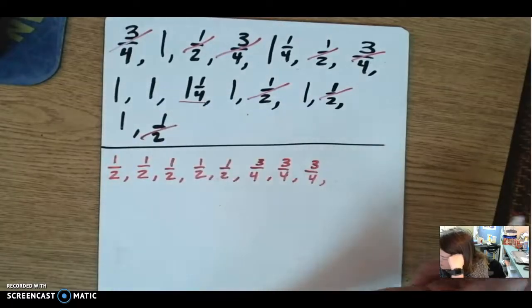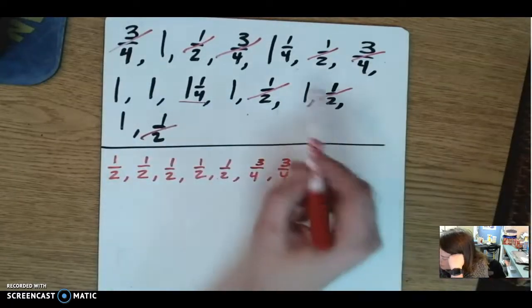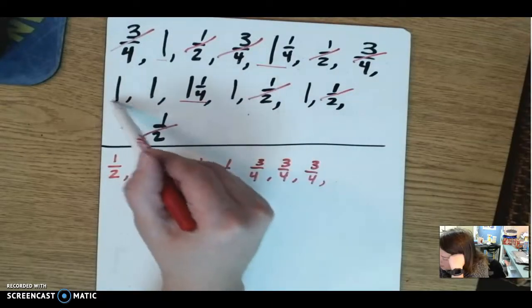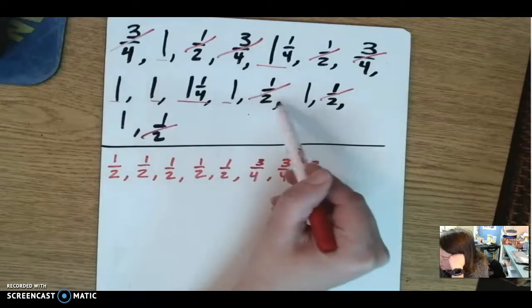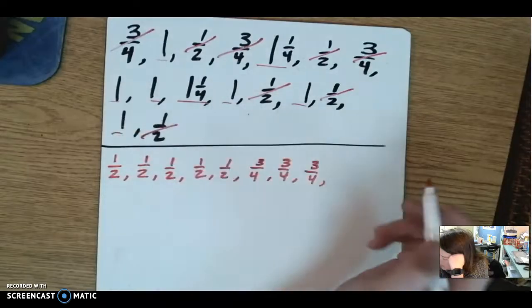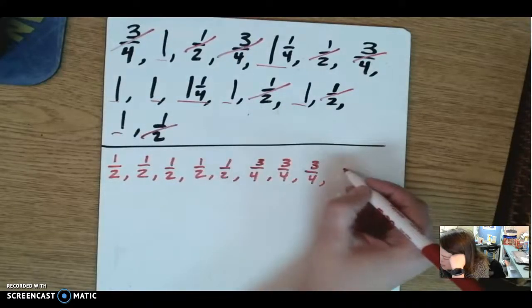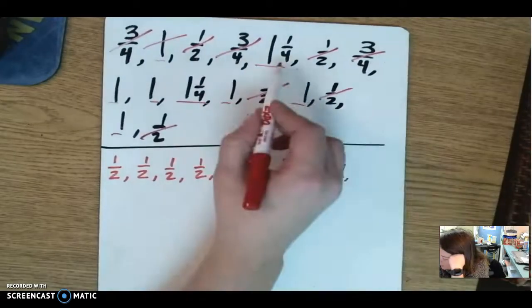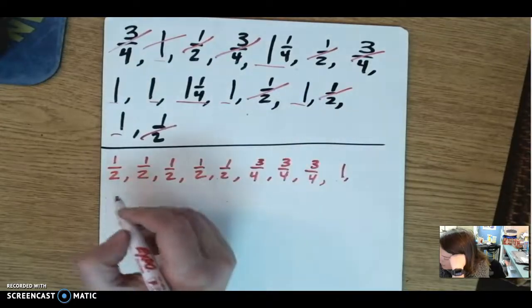Okay, what's after 3/4? So far I have just ones left and 1 1/4. Okay, what's going to be next is the ones. So there's 1. 1 1/4 is larger. There's another one.